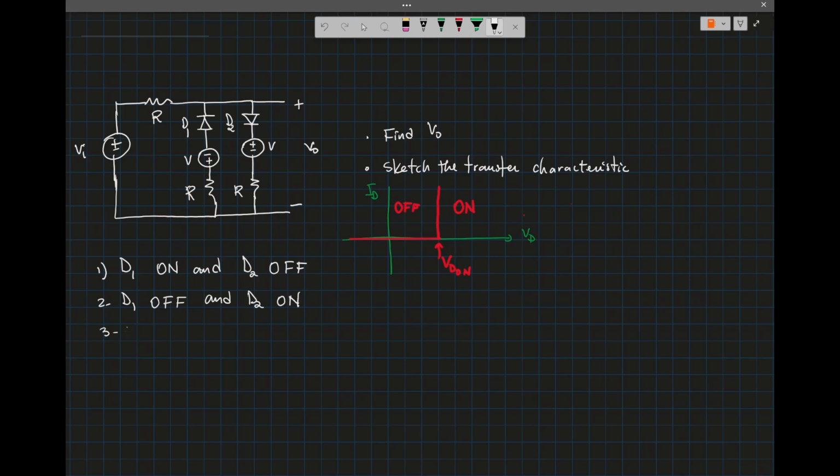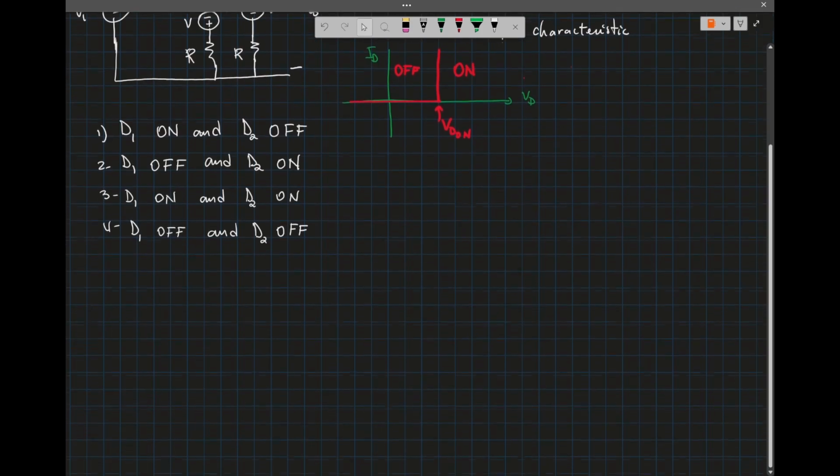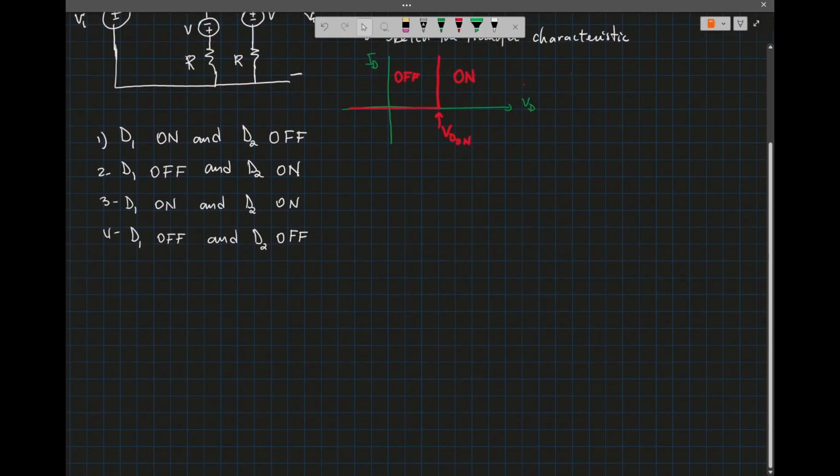Case 3, D1 is on and D2 is on. And case 4, D1 off and D2 off. Okay, now let's look at the cases.